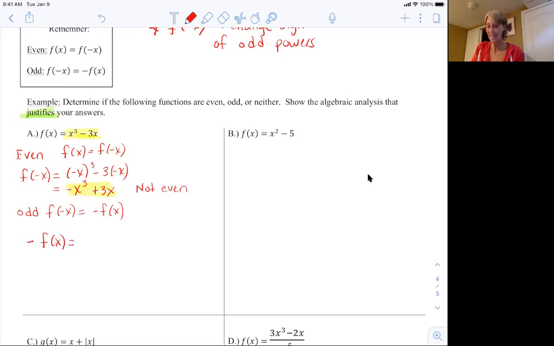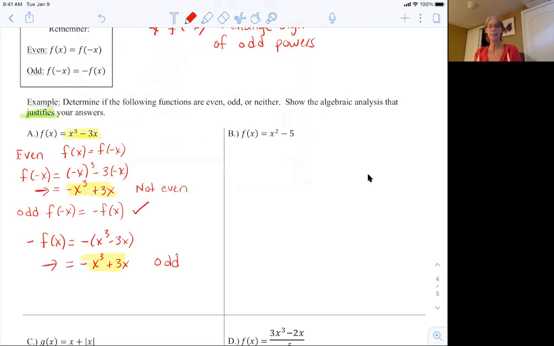When I negate f of x, I wind up with negative x cubed plus 3x. Remember what we're comparing. Now we're comparing this guy with this guy. These two match, so this function is an odd function.